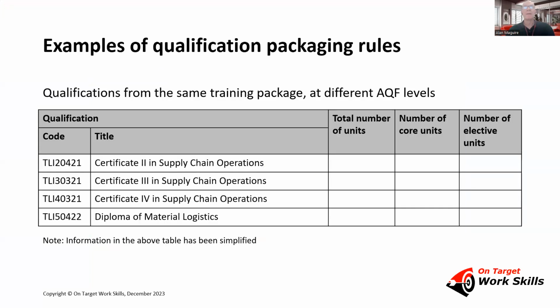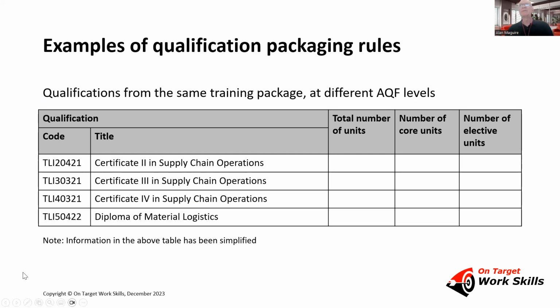Now, just to compare that with packaging rules. All packaging rules will tell us the total number of units required, the number of core, and the number of electives. And on screen now, I have 4 qualifications. These are all from the same training package, the Transport and Logistics training package, but they are at different qualification levels. So we have a Certificate 2, 3, 4, and a Diploma.